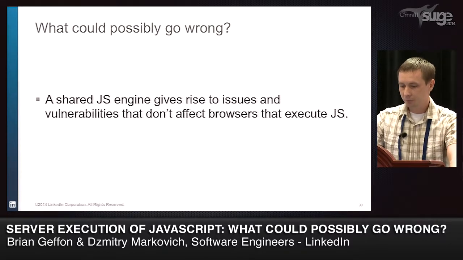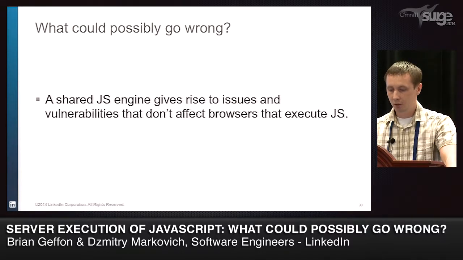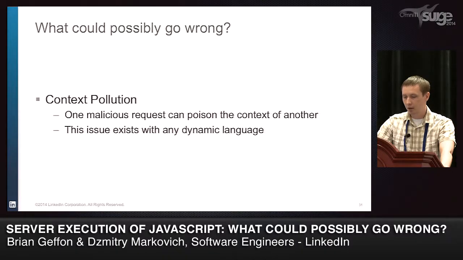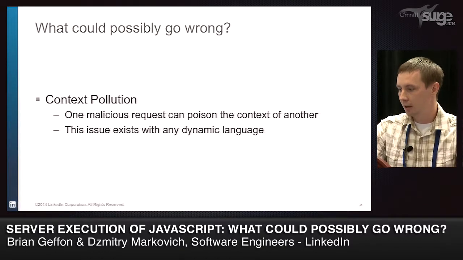So now we can hit all the issues with vulnerabilities, and we want to make sure we don't affect different users. The main reason for this is you can simply hit a situation with context pollution, when one request can hurt another request, or you can access the data from one request in another.